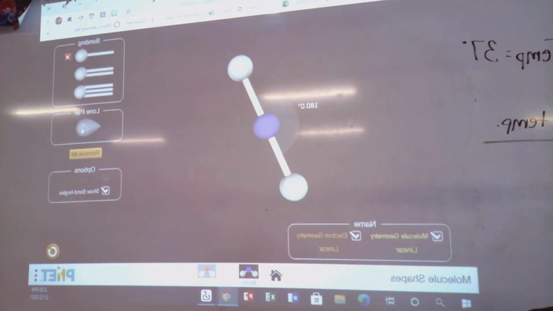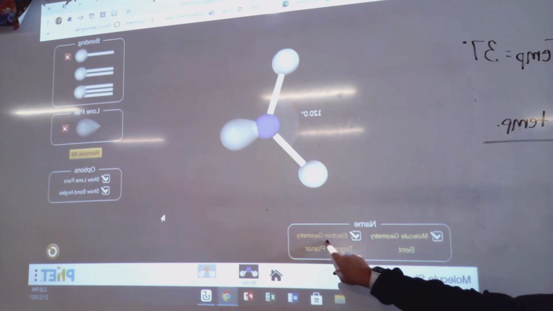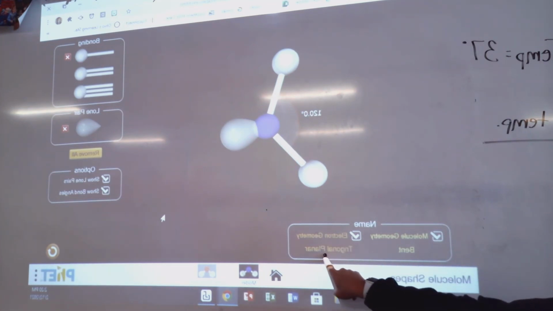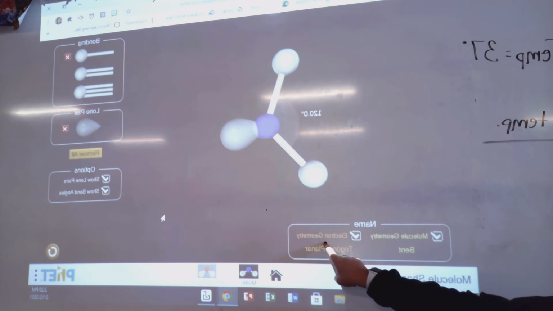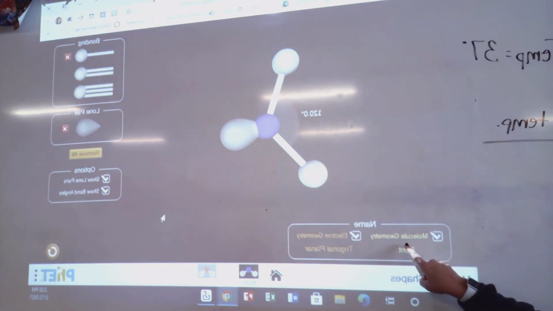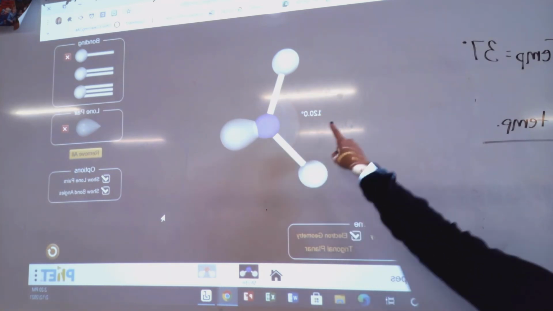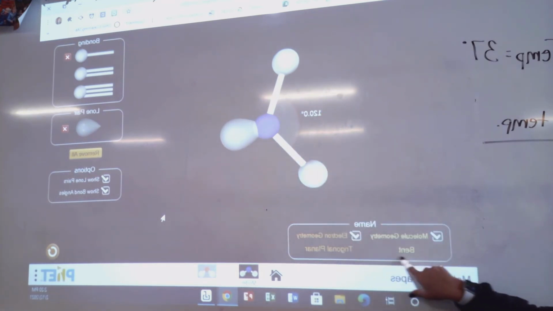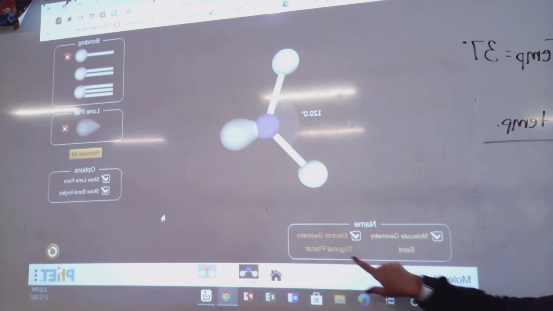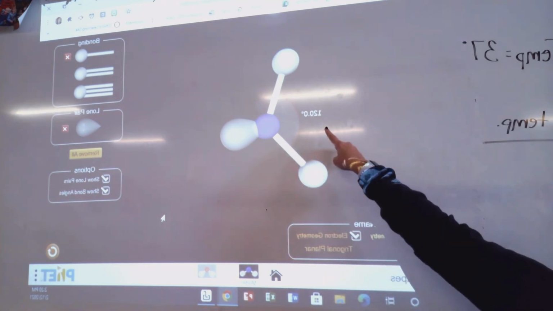So I click this once, gives me a lone pair. Okay, and still my answers are all right here. My electron geometry, still trigonal planar, because your electron geometry counts everything. But my molecular geometry is now bent because it only counts the ball and stick, only the molecules. So now this is bent, my molecule geometry, but my electron geometry is trigonal planar. And my bond angle is still 120.